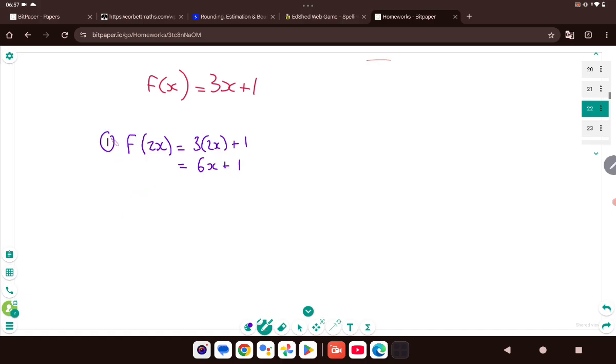I'm going to look at a few examples here. How about the f of minus x? Well, again, I need to replace the x for negative x. 3 times negative x is just negative 3x.